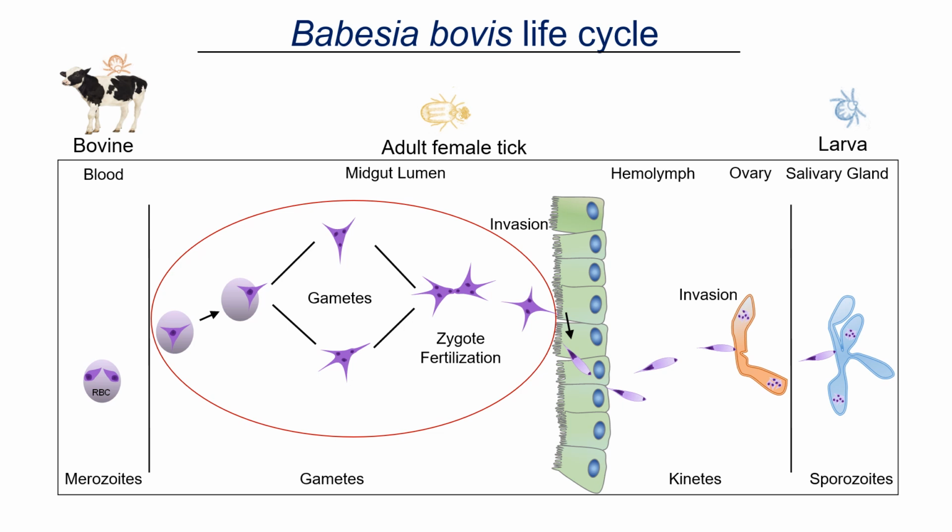Repeating this asexual propagation cycle causes hemolysis and anemia, which cause the clinical signs after 10 to 12 days, called the incubation period. When an adult female tick feeds on infected cattle, it will ingest some infected red blood cells.